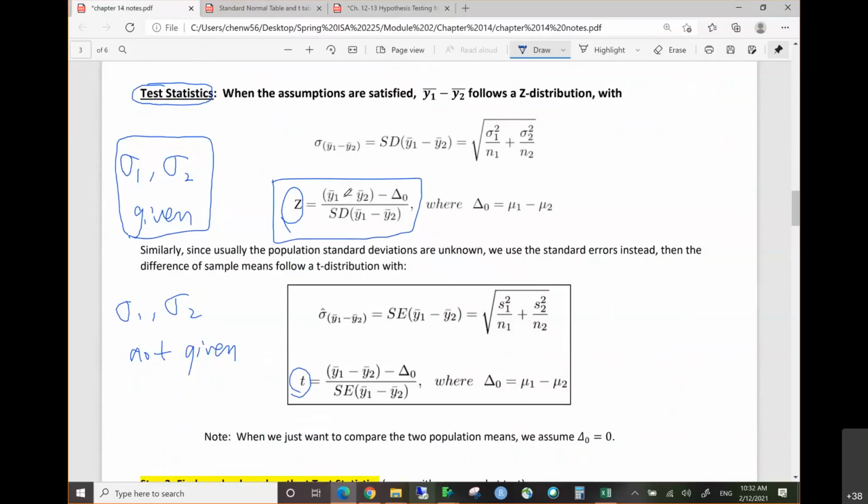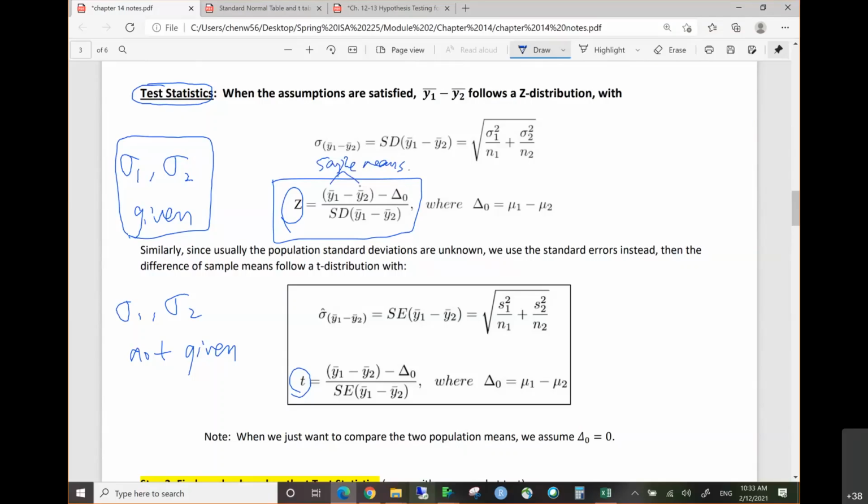Here I use the y1 bar and y2 bar instead of the x1 bar, x2 bar. They are the same thing, just the sample means. Just in case I don't want you to get confused with one sample test and two sample tests, we just use y bar instead of x bars. Both of these two are still sample means.